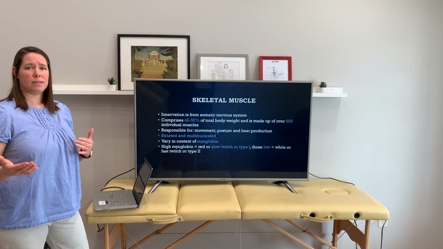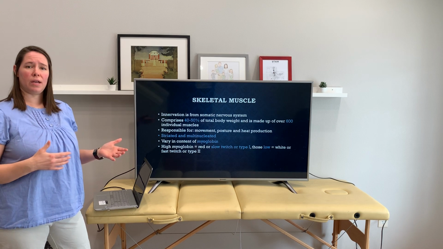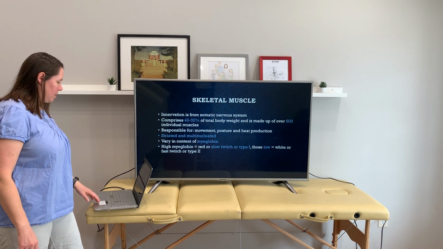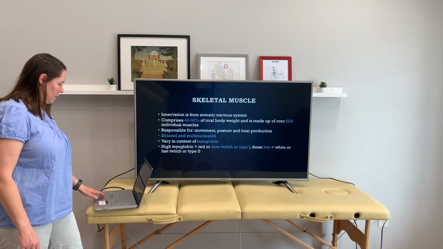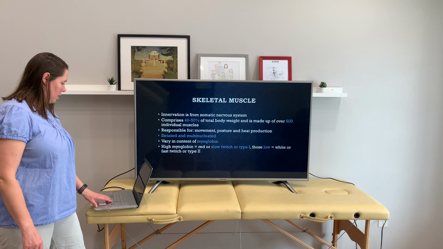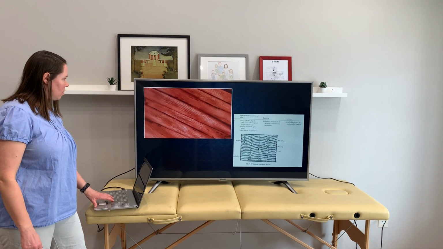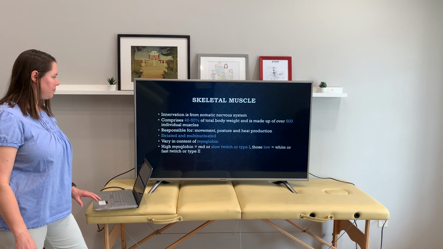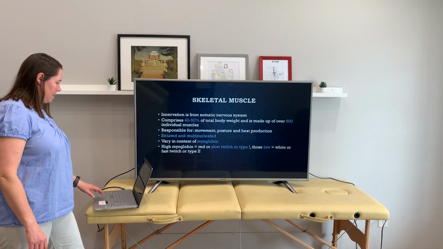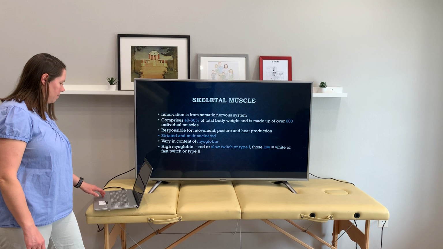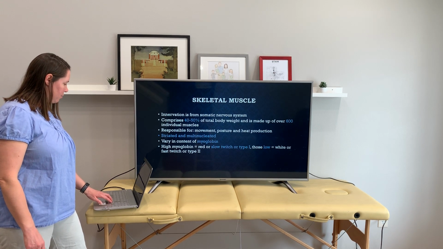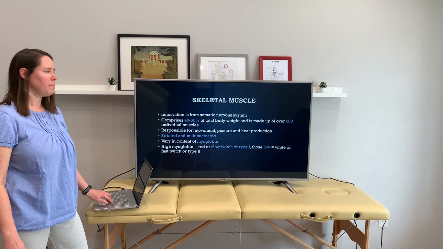Some people in a given muscle might have a higher proportion of one than another, but most of your muscles will each have some of these. They're a little bit different in their size, in their color, and that sort of thing. So don't worry too much about all the different types and subtypes, just knowing the basics about skeletal muscle and those 3 divisions of fibers.